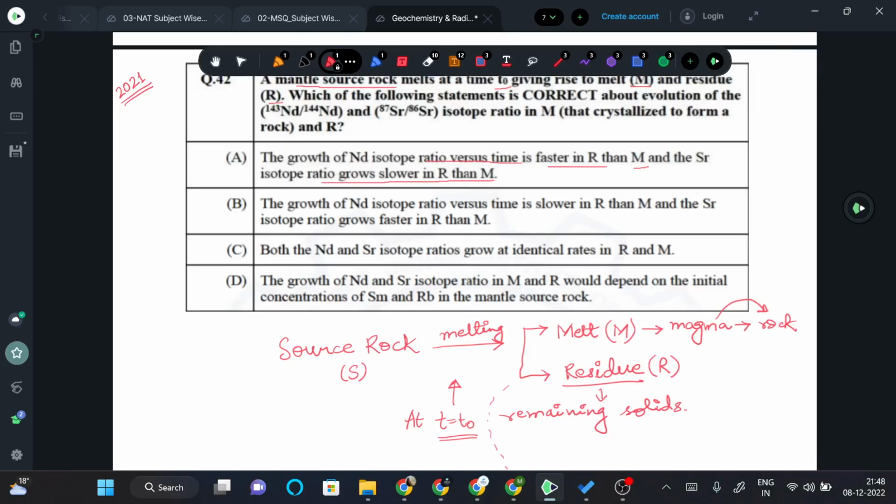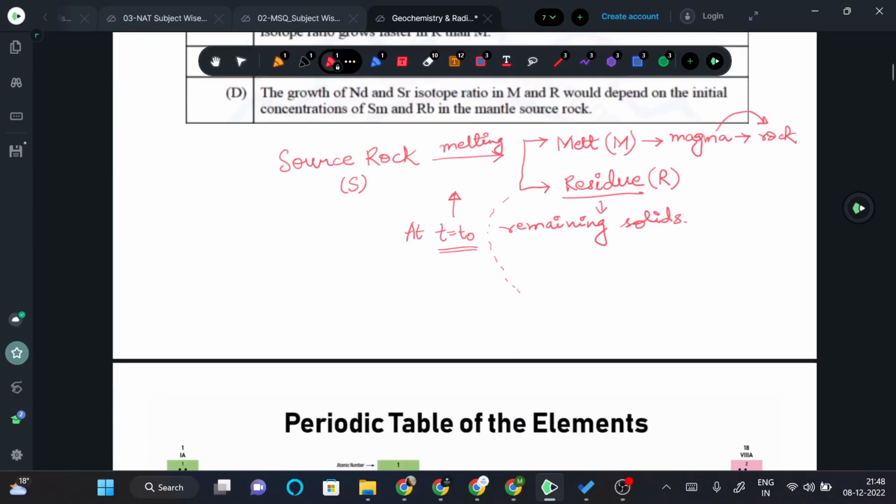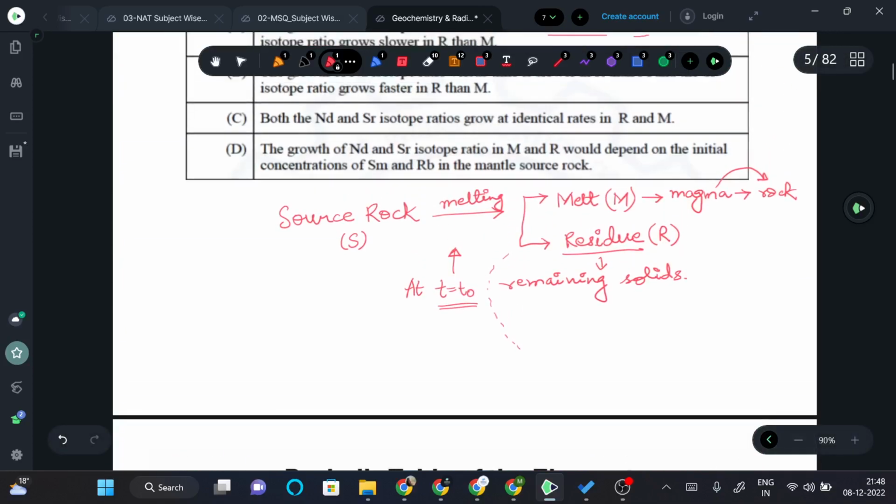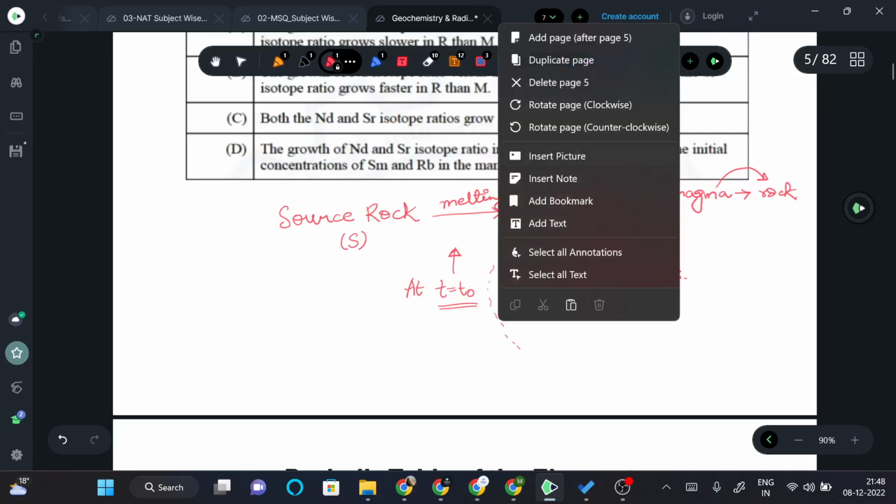So it is basically saying that the strontium isotopic ratio will behave in exactly the opposite manner to the Nd isotope ratio with time, upon melting.